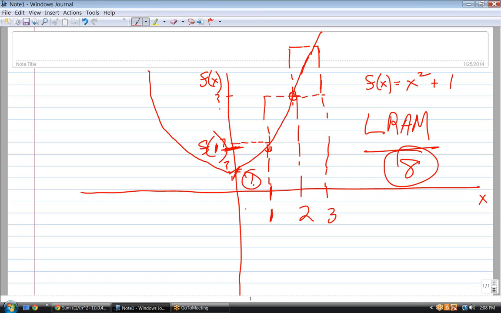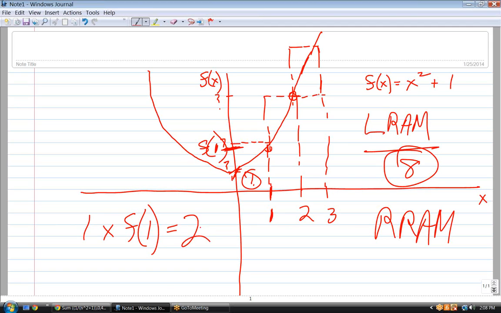So the area of rectangle 1 using right RAM is 1 times what? That would be f of 1, so that's 1 times 2. Perfect. So that's 2. This rectangle here, what's its area going to be? That rectangle is f of 2, so that would be 5 times 1, so 5.